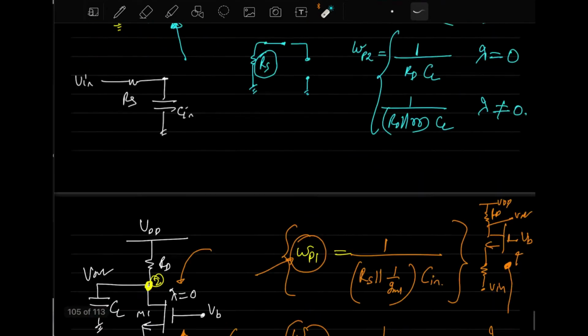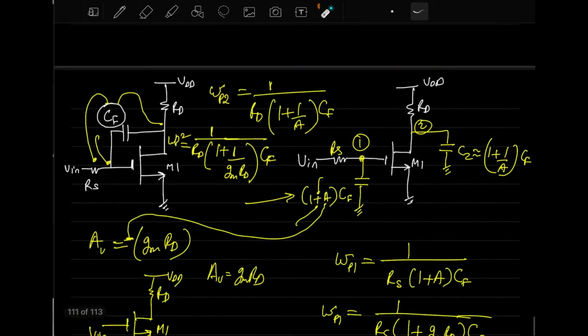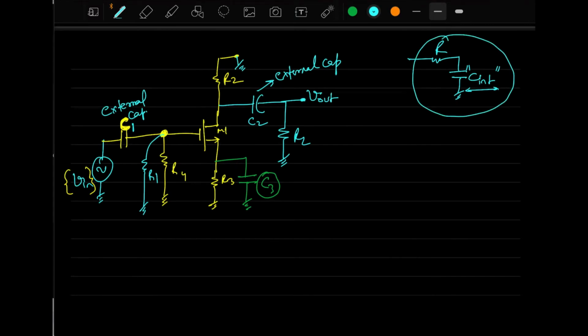The internal capacitances of the MOSFETs which we have discussed are responsible for this type of architecture, and this will create problems: it will make your gain fall off at high frequency.